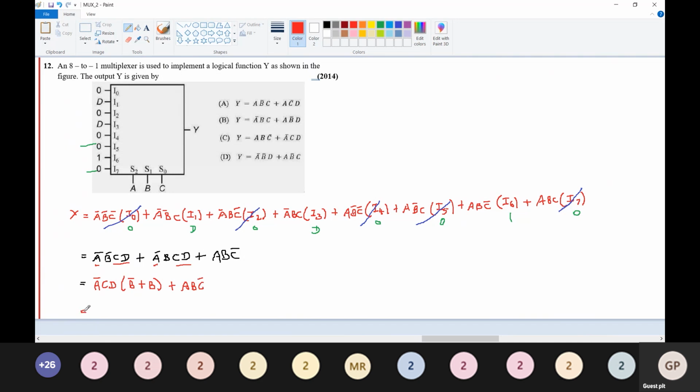So B plus B dash is equal to 1. Therefore, the final answer is A dash C D plus A B C dash. This should be the correct answer. C is the correct option.